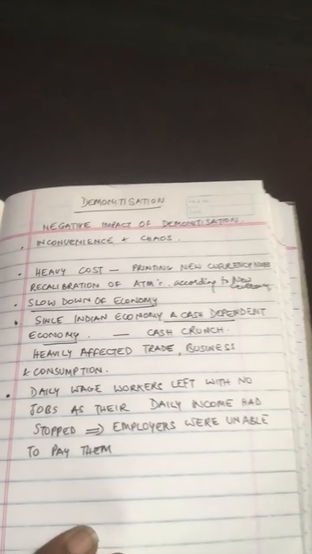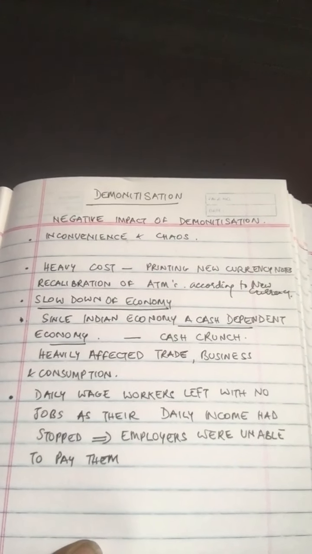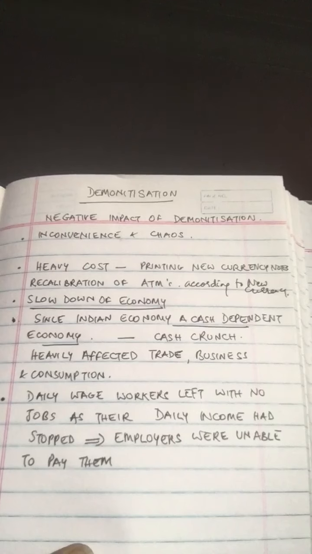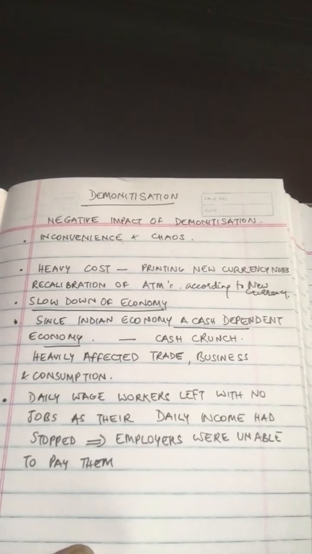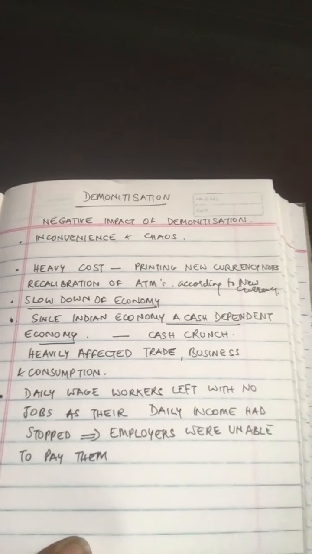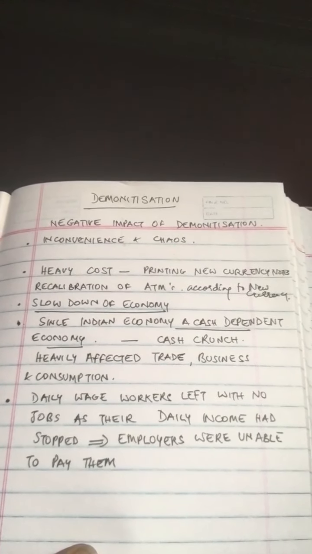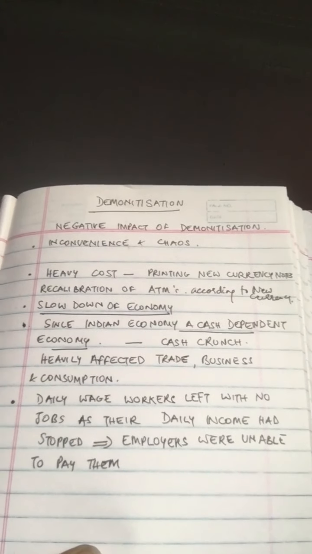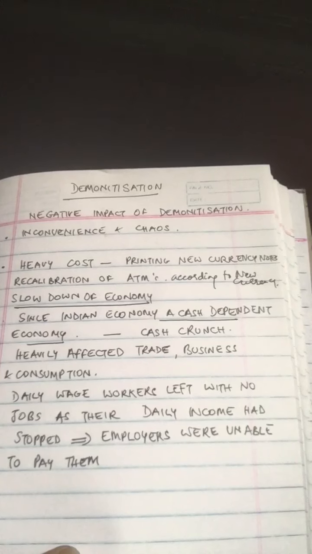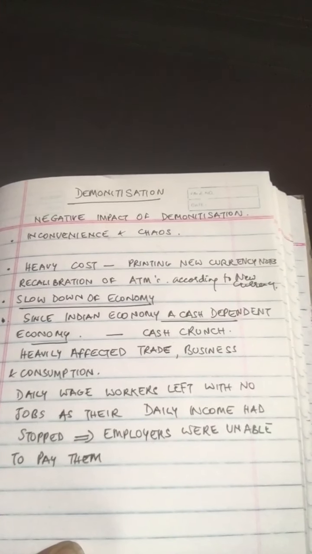Another thing which was found was the heavy cost involved. Destruction of the old currency notes and printing the new currency notes involved heavy cost for the government. Another very important thing which was overlooked was that demonetization resulted in additional cost due to recalibration of the ATMs.